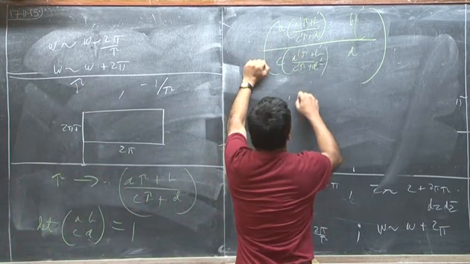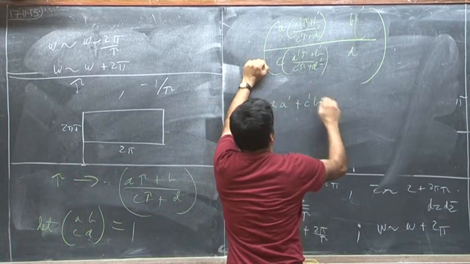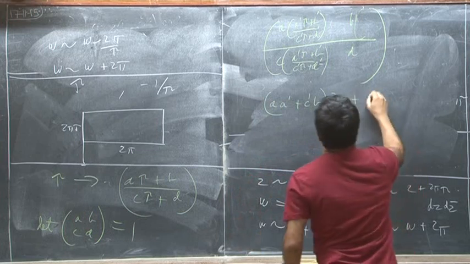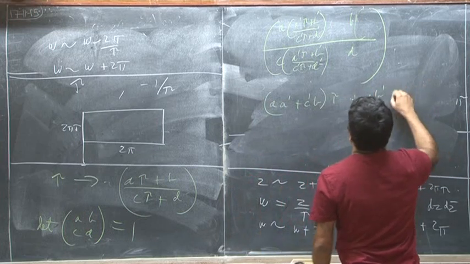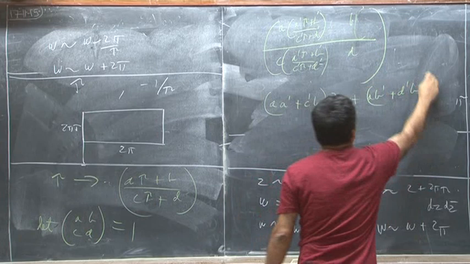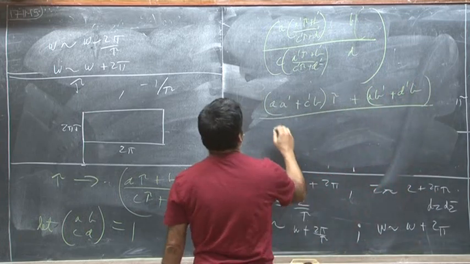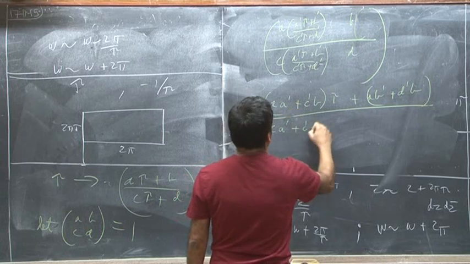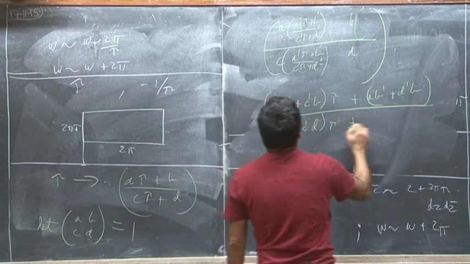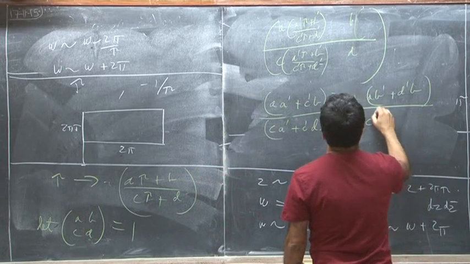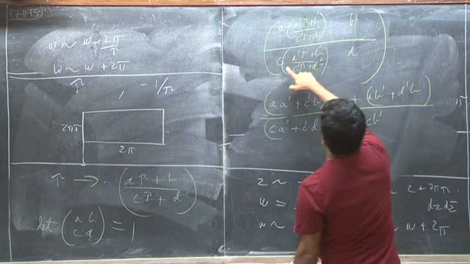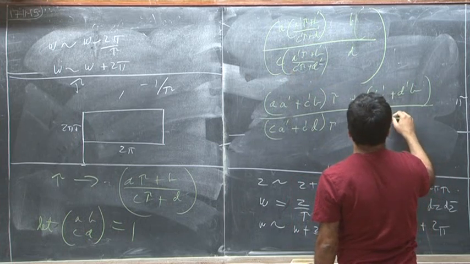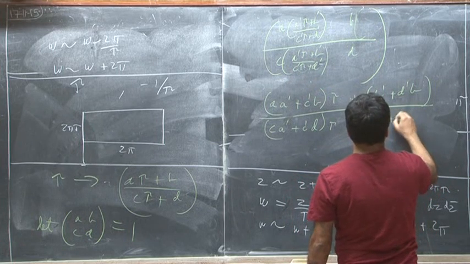The coefficient of tau is A prime A plus C prime B, times tau, plus A B prime plus B D prime, over C A prime plus C prime D tau plus C B prime plus D D prime.